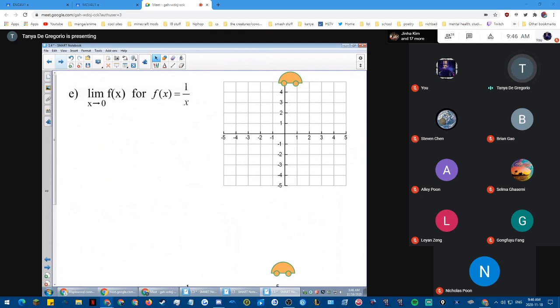Never equals 0. So what do I have on my graph? If I could draw this graph, how would I draw it? So whenever the denominator is 0, what is that? Yeah. There's a vertical asymptote at x equals 0. So let's draw that in.